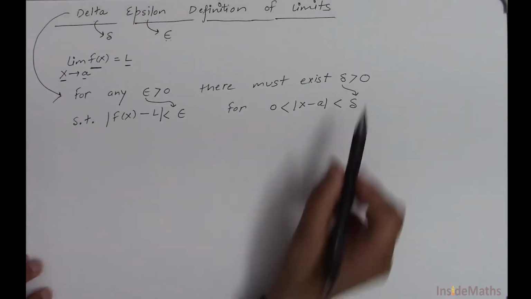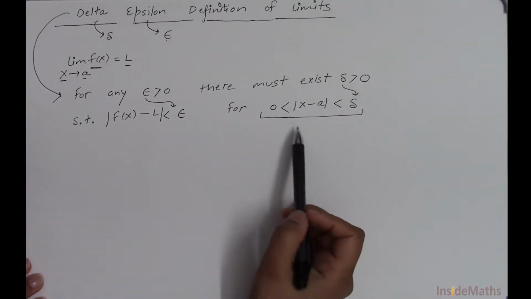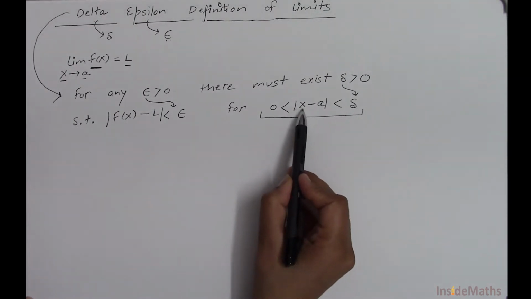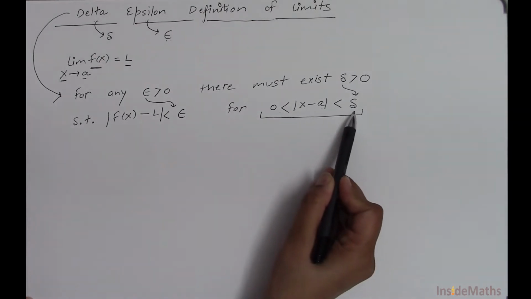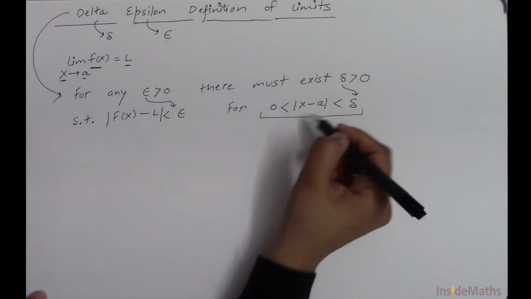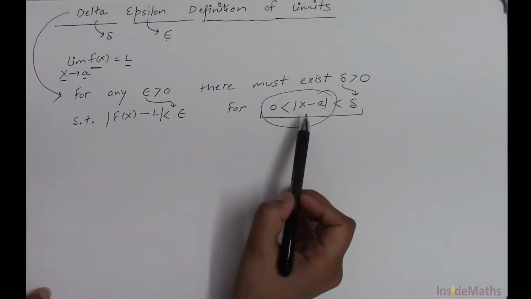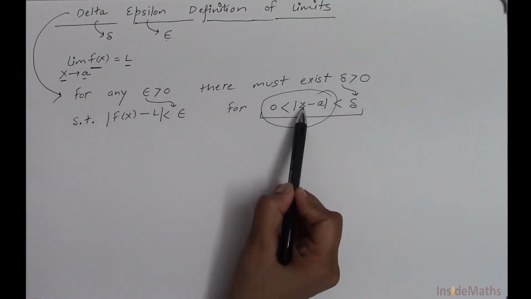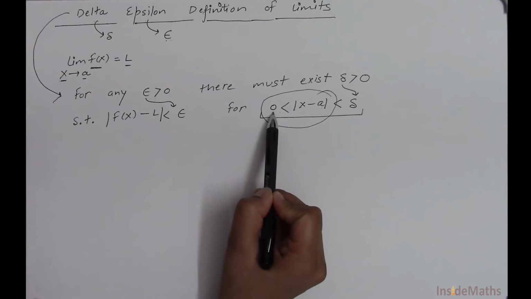Now, what does it mean? For that, first I'll explain this inequality. It says magnitude of x minus a is greater than 0 and is less than delta. Let's see this part first. It says that magnitude of x minus a is greater than 0. Now why is it greater than 0?